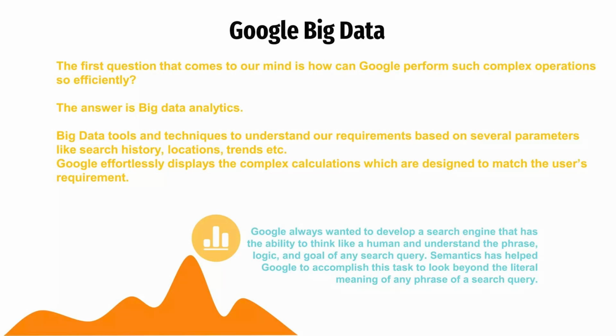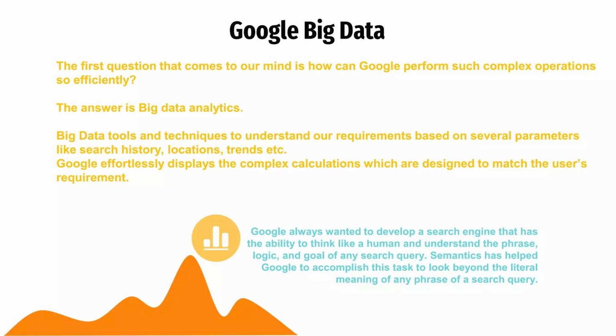Google uses big data tools and techniques to understand our requirements based on several parameters like search history, locations, trends, etc. Google effortlessly displays the results of complex calculations which are designed to match the user's requirement. Google always wanted to develop a search engine that has the ability to think like a human and understand the phrase, logic, and goal of any search query.